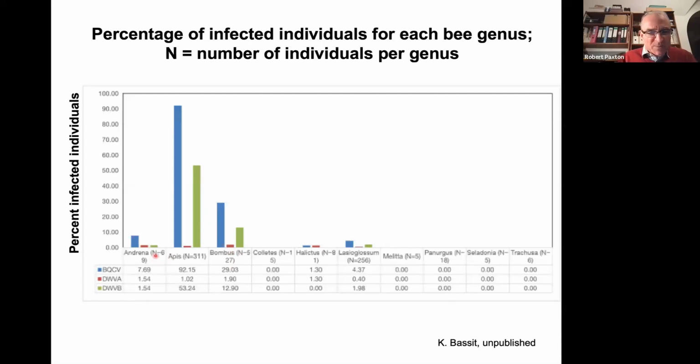For the other wild bee species, Andrena, Colletes, Halictus, Lasioglossum, those are the larger groups where we've got large numbers, you'll see occasionally they've got virus in.